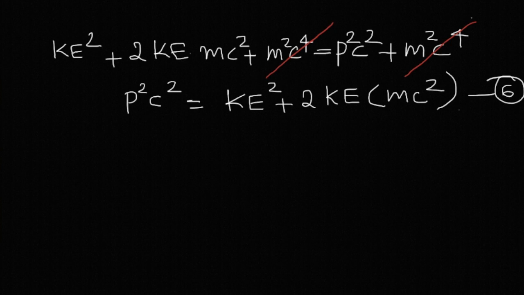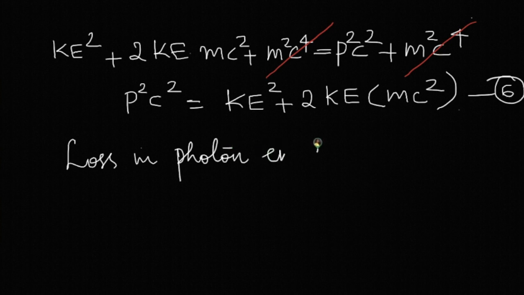So we can write an expression relating the loss in photon energy to the gain in kinetic energy of the electron. That is, loss in photon energy will be equal to the gain in electron energy.